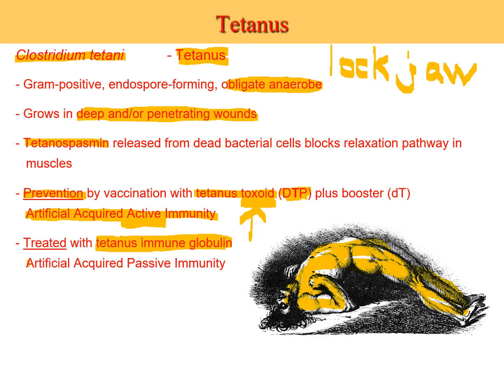This, of course, is artificial acquired passive immunity. Artificial because it's done by injection, and passive because it's not your immune response that's reacting. You are being passively given the antibodies; you're not producing them. You're receiving them passively.